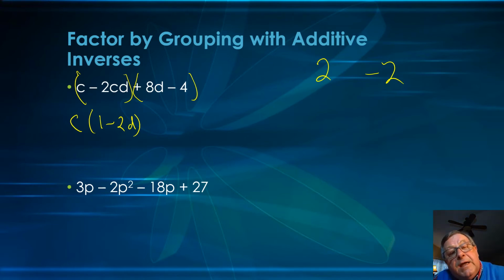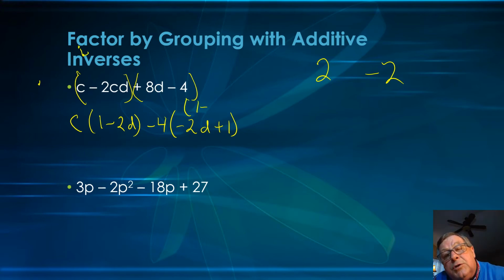But if I factor out a -4, then I'm going to end up with -2d plus 1, which I can rewrite as 1 minus 2d. And now I've got a common factor, this factor and this factor.